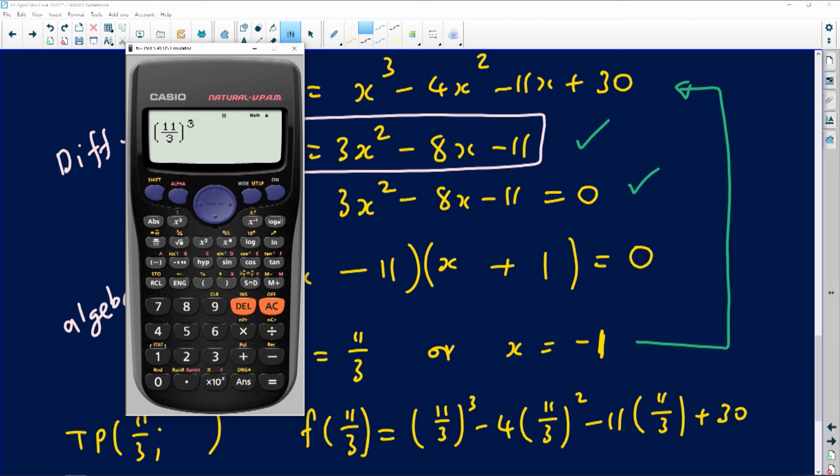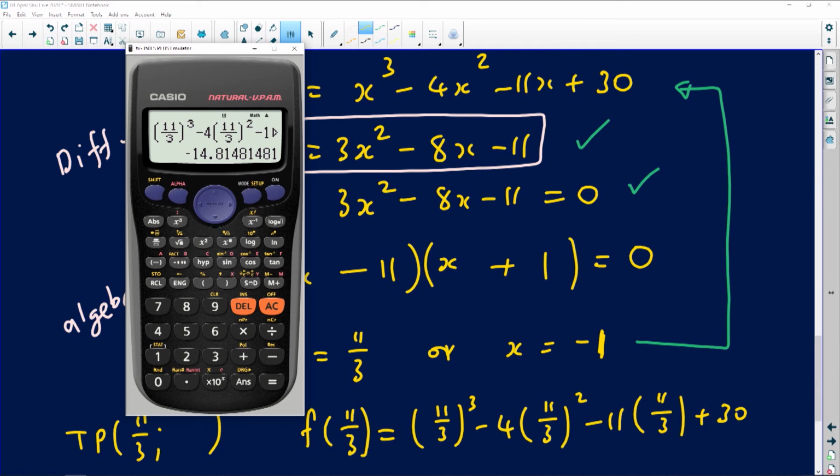We need to subtract 4 into 11 over 3. This has to be squared. And then you need to subtract 11 into 11 over 3. If you close brackets and remember to add 30 at the end, you press your equals sign, you end up with minus 400 over 27, which you can rewrite as minus 14.81.